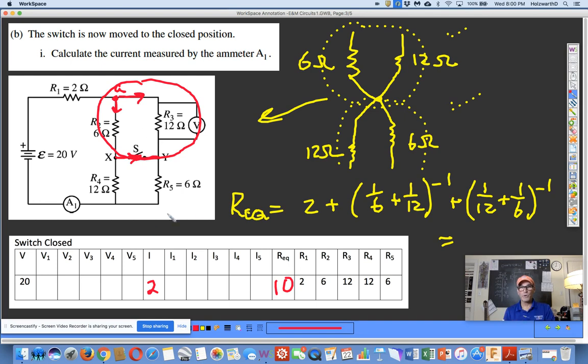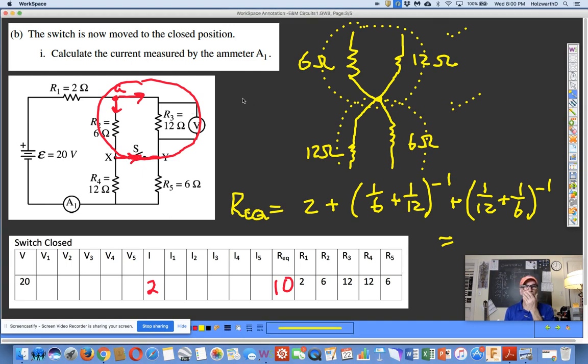Watch how I set a proportion. Okay, back to my yellow line. I might need a little room here, so I'm going to do some erasing.